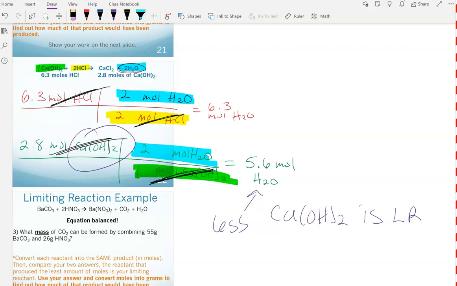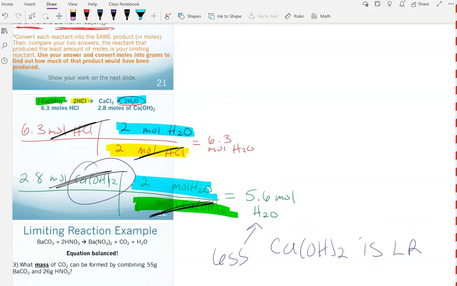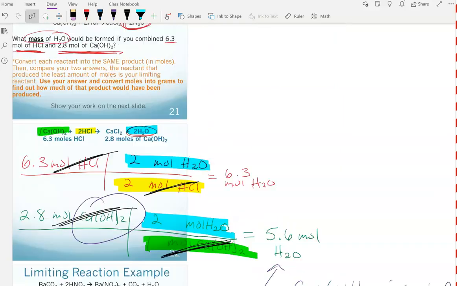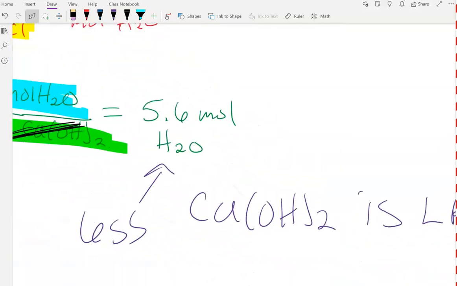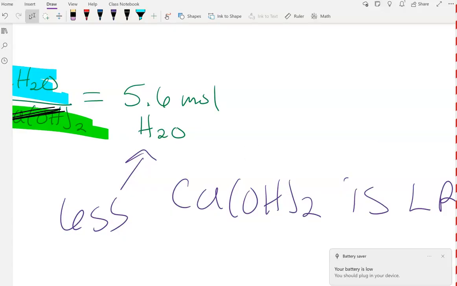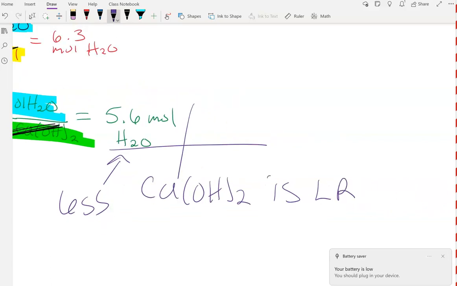The most I can produce theoretically would be 5.6 moles of water because the calcium hydroxide would be used up first. But then the question asks, what mass of water can be formed? Theoretically, 5.6 moles is the most we can form in terms of the amount of water, because the calcium hydroxide is going to get used up first.